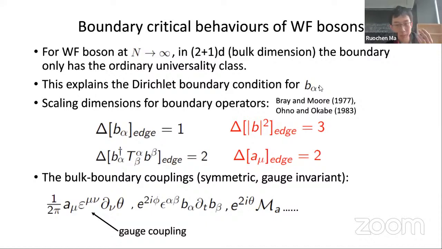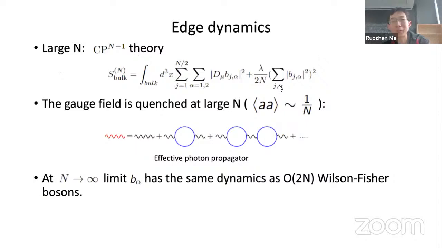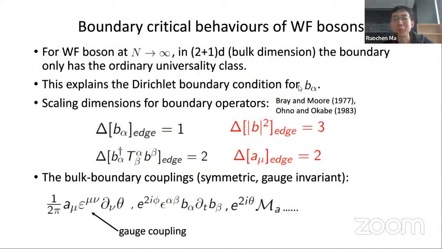And as pointed out by the question of Dan, you can consider that roughly the SU(N) flavor symmetry of the boson is somehow reduced to the SU(2) spin rotation when n is reduced to 2. But now we only consider the large n limit. And the boundary scaling dimensions for various operators are listed here.